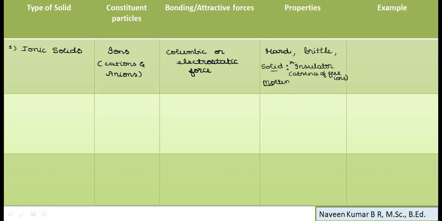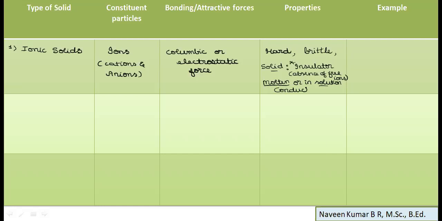Whereas if the ionic compound is taken in the molten form or in solution form, that means either you melt the ionic solid and take the molten mass, or you dissolve it in a suitable solvent to get a solution, then in the molten form or the solution form, ionic compounds are said to be conductors.